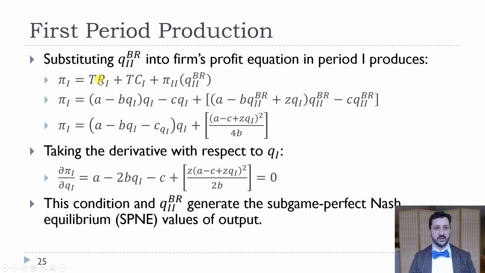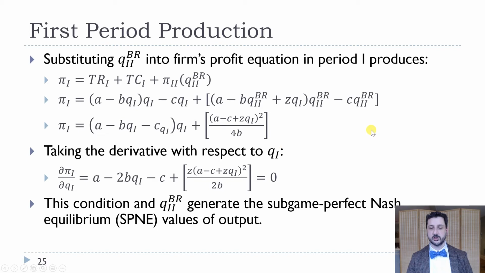becomes the total revenue from period 1 minus total costs plus the profit. So (A minus B Q1) times Q1 minus CQ1, so that's minus costs, plus the period 2 profit, (A minus B Q2 plus Z Q1) times Q2 minus C Q2, and all of those are the best response that we solved for before.